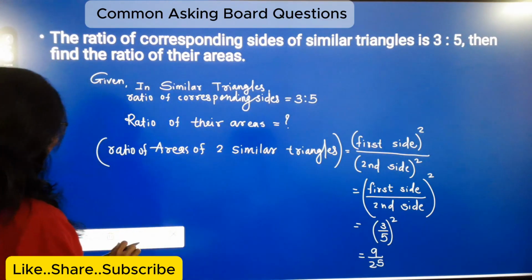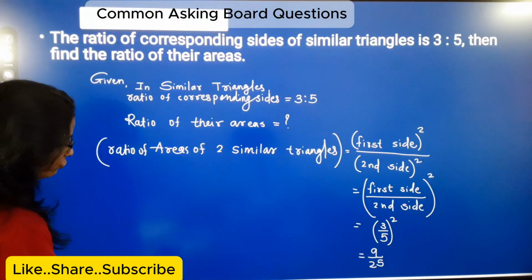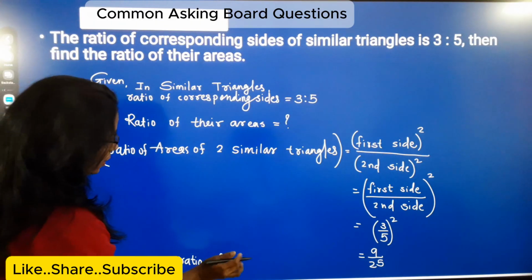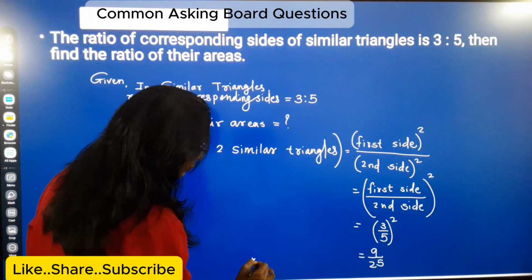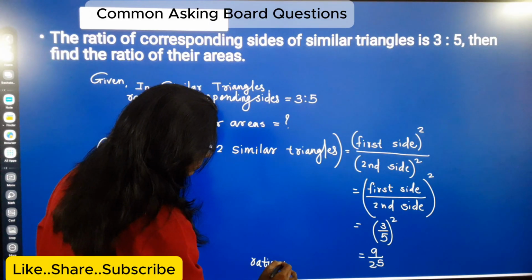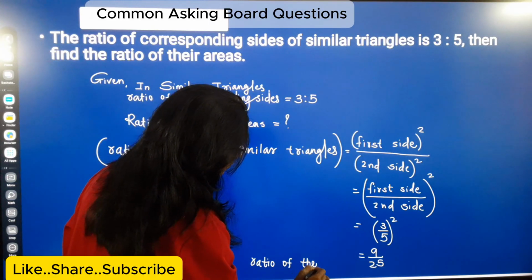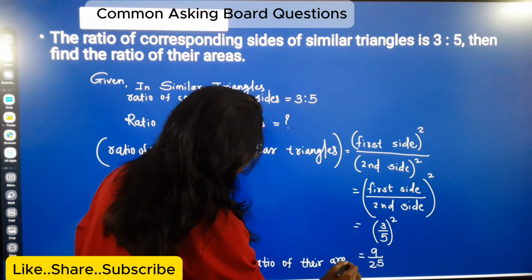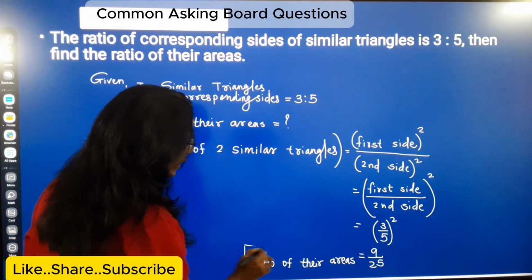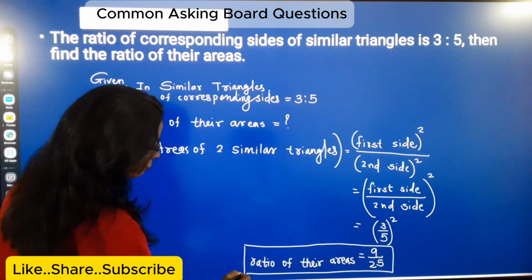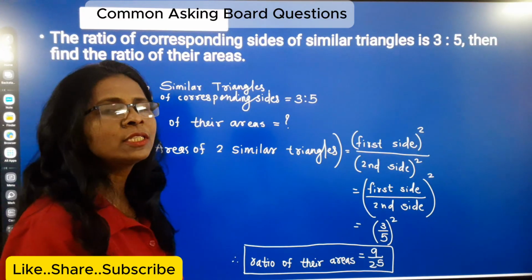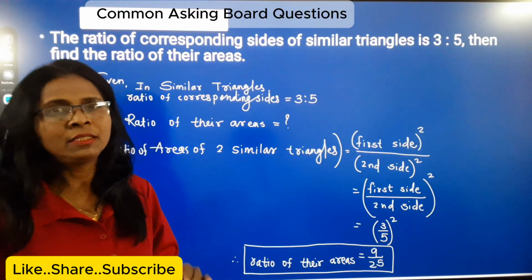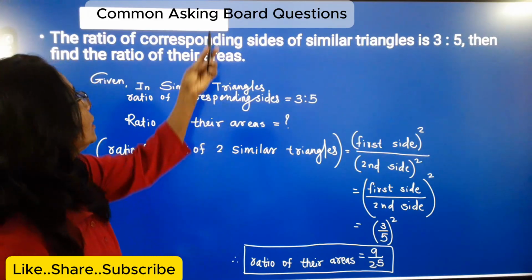So the ratio of their areas is equal to 9/25. Okay, students, very easy examples are here.